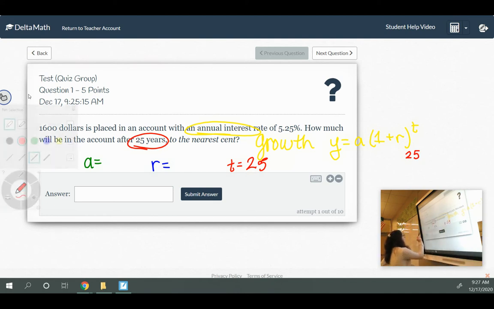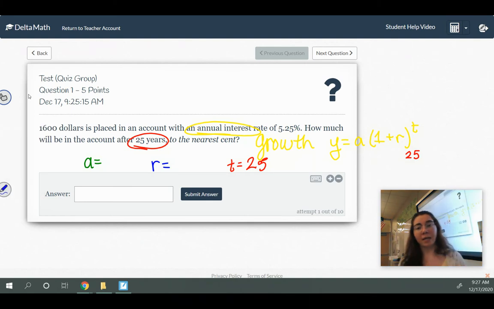Then, whenever we want to find our rate of change, we're looking for whatever has a percentage sign. And we're going to take that percent and convert it into decimal form. And remember, there might already be a decimal in that percentage. So that means we're going to take that decimal and move it 2 places to the left, or we're going to divide that number by 100. So when we read through here, the only thing that has a percentage sign is our 5.25%.